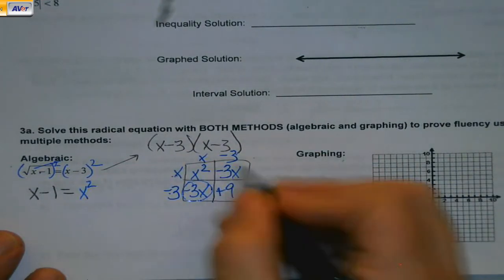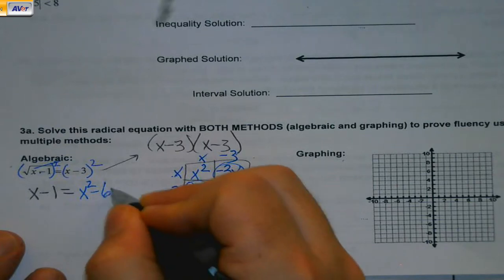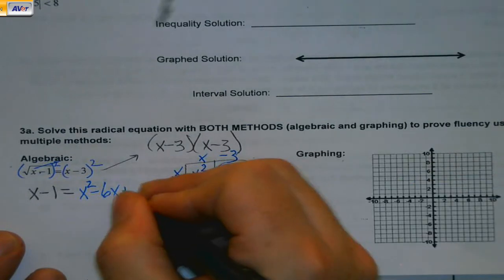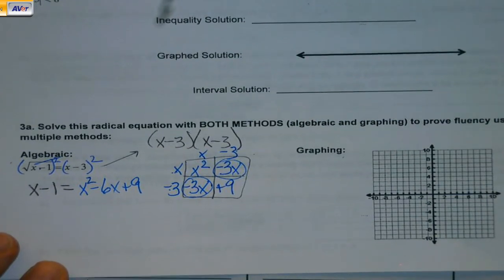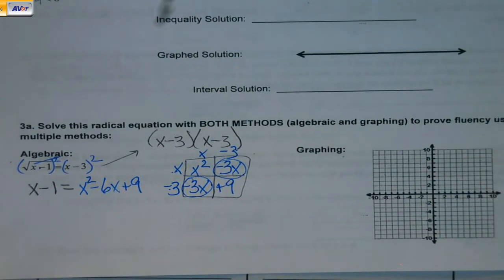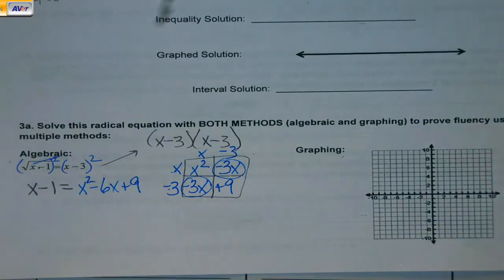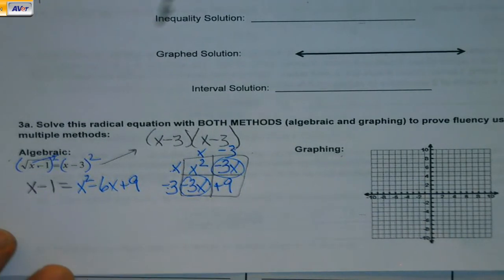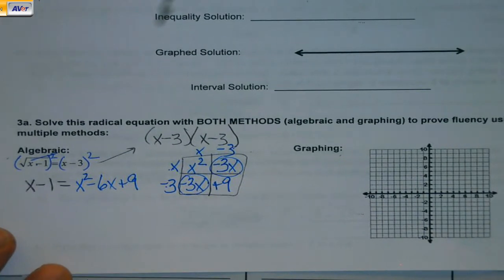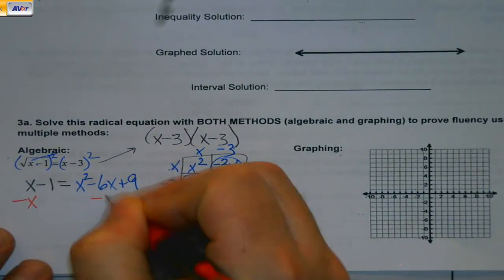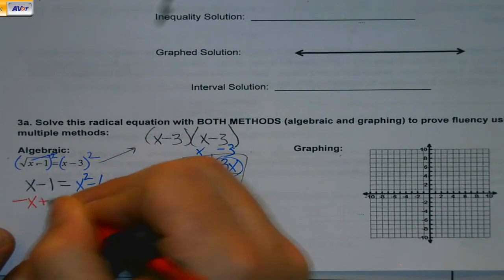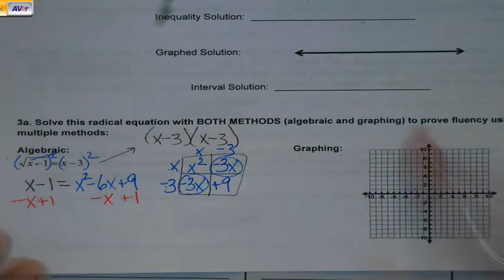So negative 3x and negative 3x do not cancel. Gives me negative 6x plus 9. And now my last job is to get all my terms to the x squared side, because we're probably going to have to factor or use the quadratic formula. So minus my x, I'd add my 1.